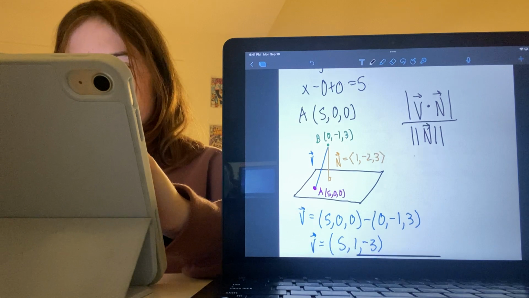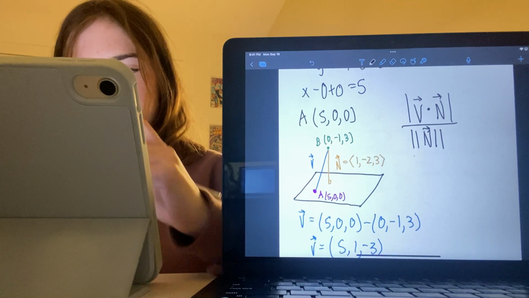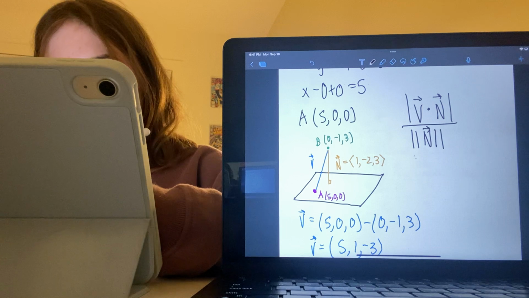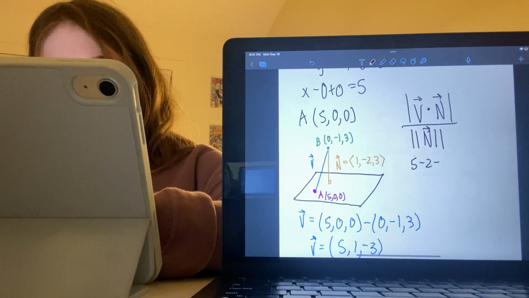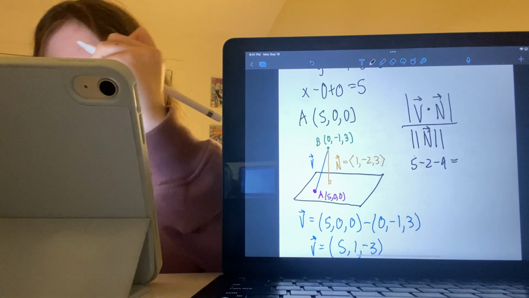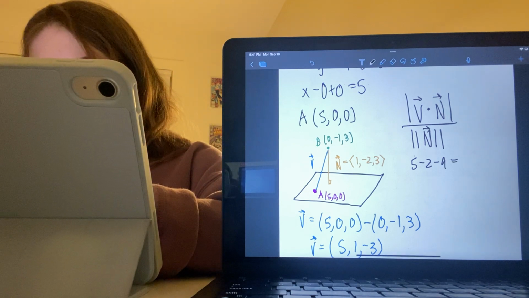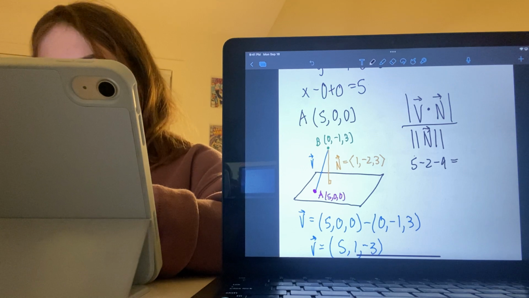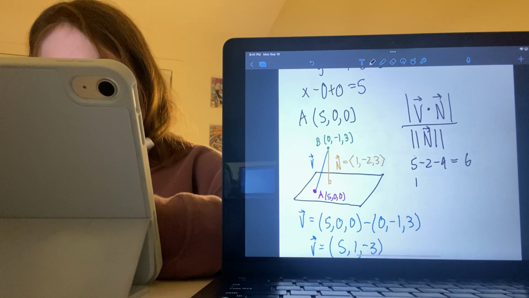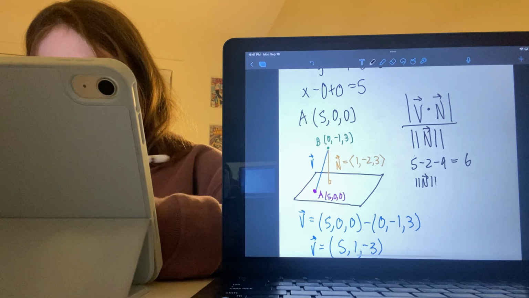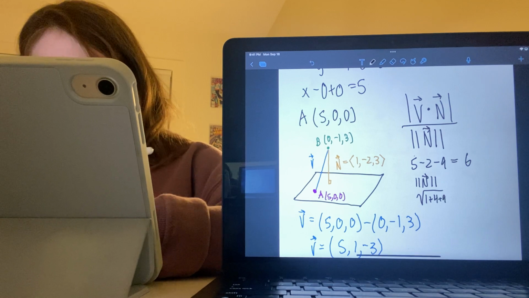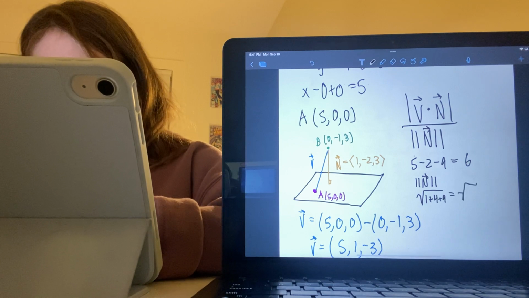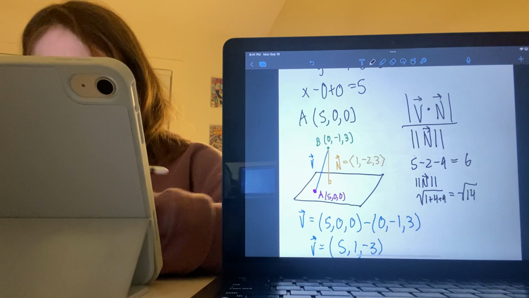So for v dot n, we're going to have 5 times 1, 5, minus 2 minus 9, which equals -6, and then the absolute value is going to be 6. And then the magnitude of n is going to be the square root of 1 plus 4 plus 9, so the square root of 14.